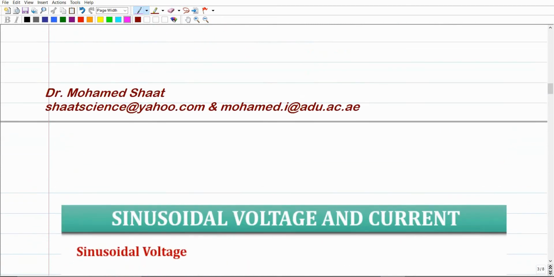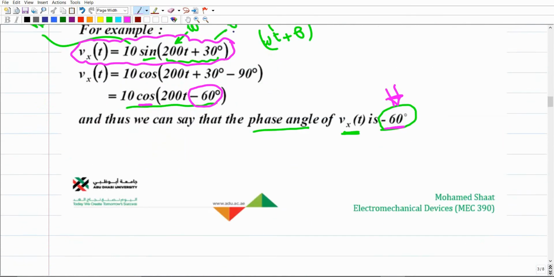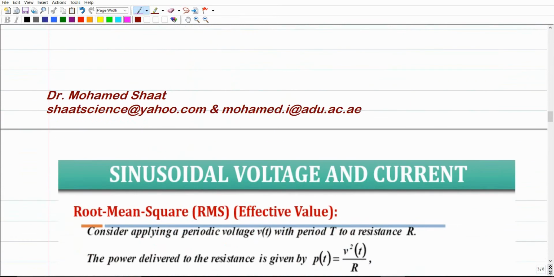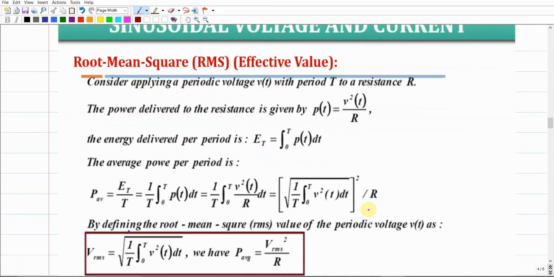Since we are dealing with a voltage that is going to change over time, one of the challenges is that the electrical power itself is going to be varying over time. It won't be fixed, right?